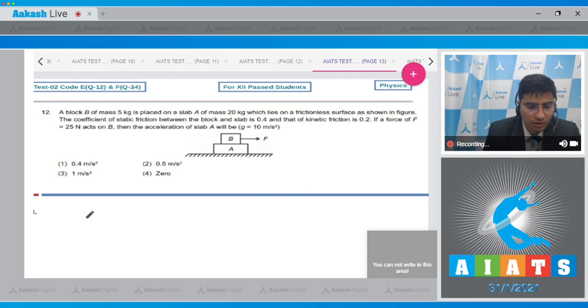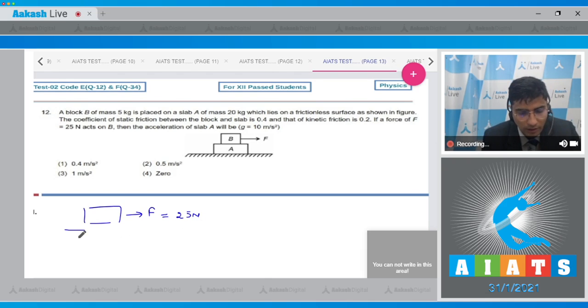Now, dear student, let us draw the free body diagram of B. There will be a rightward force F which is given to be equal to 25 Newton. There will be a backward frictional force small f. The maximum value of frictional force will be equal to mu N, that is 0.4 into normal force, which will be equal to the weight of the body, that is 5 into 10.